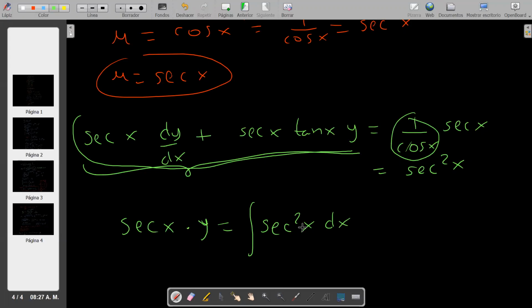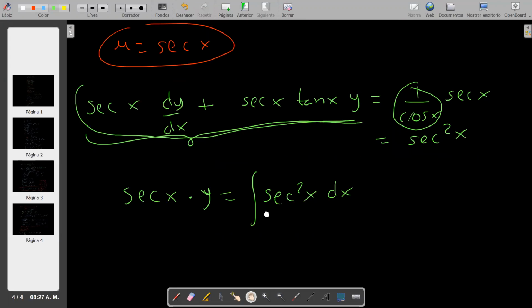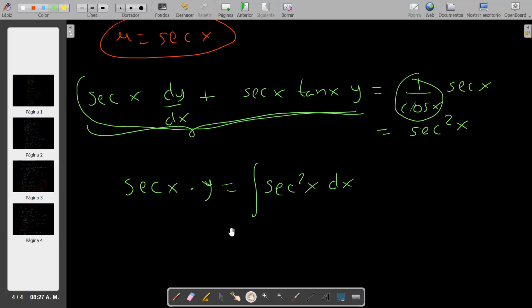And the integral of secant square of x is a known integral. You remember the integral of secant square? It is tangent of x, yeah.